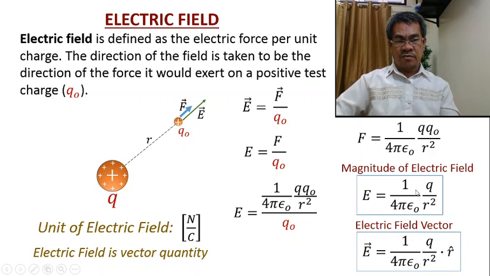The magnitude of the electric field multiplied by the unit vector. The unit vector in this case points away from the source charge. So this must be multiplied by the unit vector r hat, and this might be expressed in terms of i hat, j hat, and k hat, or both.